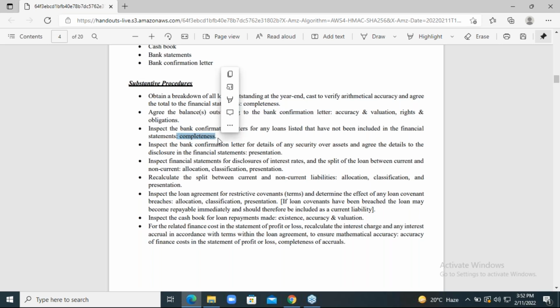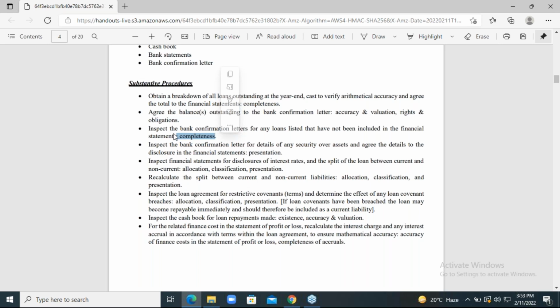So it is important to memorize the relevant assertion as well, because sometimes the examiner may ask you to write procedures for only one assertion, like completeness, or just valuation assertion. You should be aware that these 3 or 4 procedures are relevant to completeness, existence or valuation assertion. So you should have a good grip on these procedures.